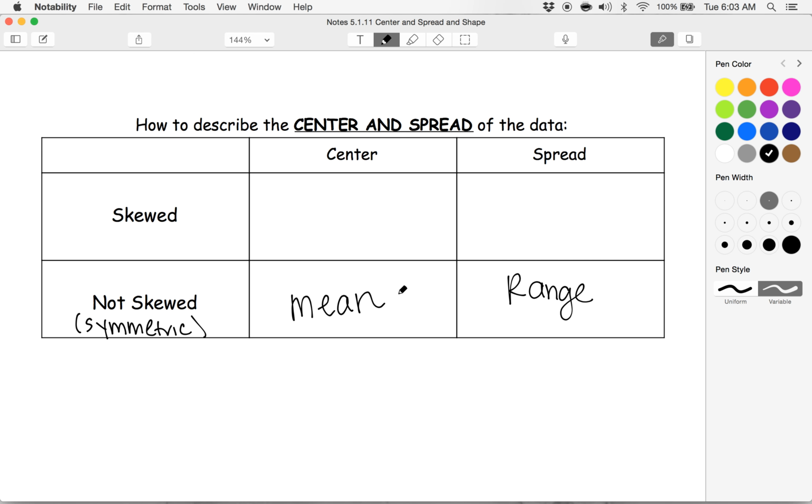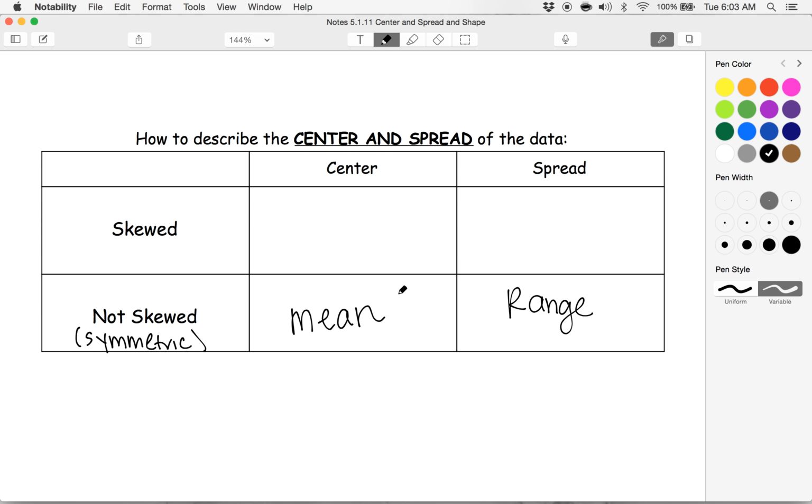Come back down here. And in this situation, we're going to say that median is the best measure of center. Okay. In this case, for the spread, we're also just going to look for the range.